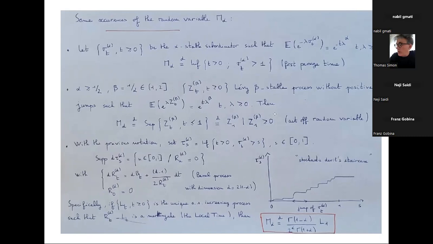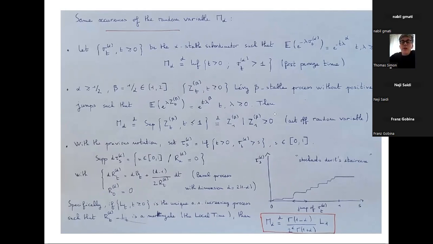So the zeros of a recurrent Bessel process. And it is also well known that if you consider the local time process of this recurrent Markov process, the Bessel process of dimension between 0 and 2, then up to some normalization, which is written down in the red box at the bottom end of the slide, you recognize again the Mittag-Leffler random variable.